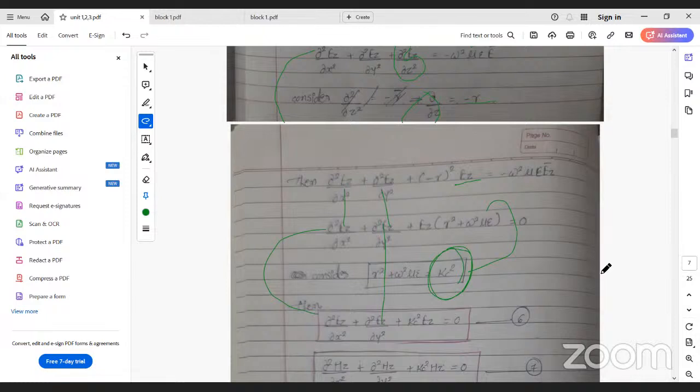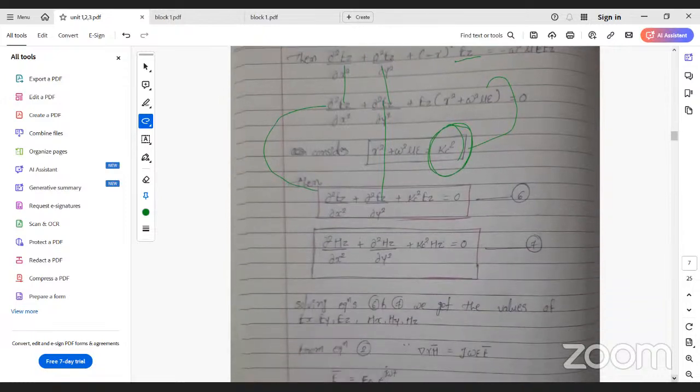Same way, I am writing the equation for the magnetic field: dou square Hz by dou x square, dou square Hz by dou y square, plus Kc square Hz equal to 0.